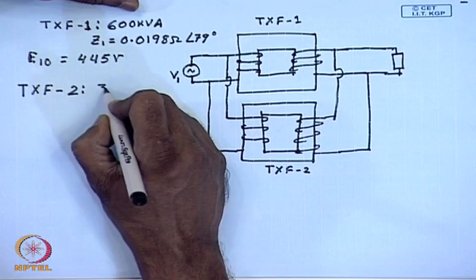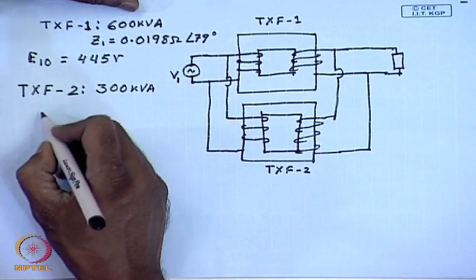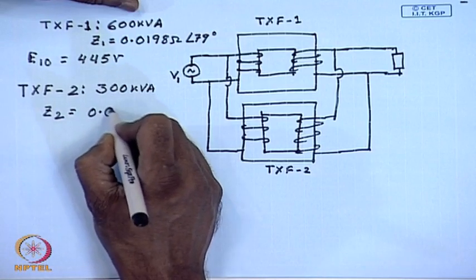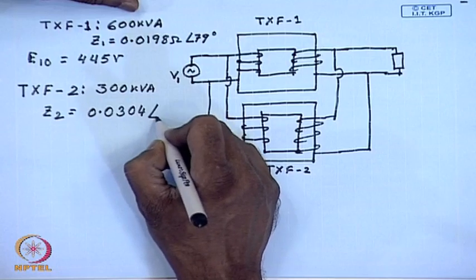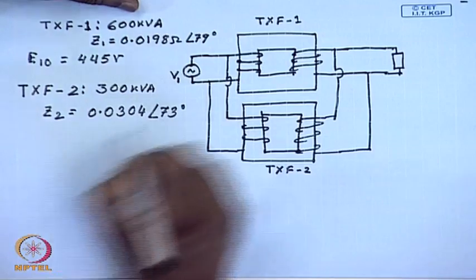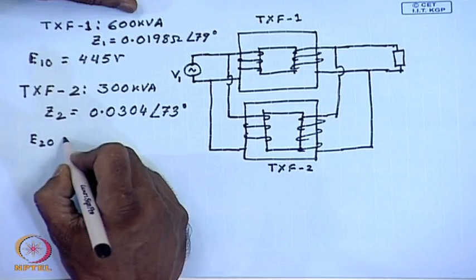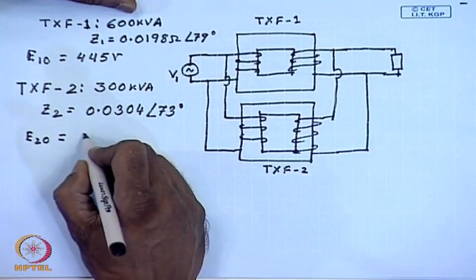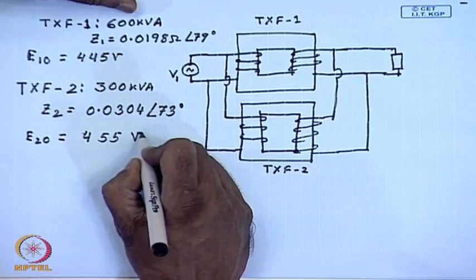the kVA rating is 300 kVA. The series impedance Z2 is 0.0304 angle 73 degrees, and no load voltage equal to 455 volts.